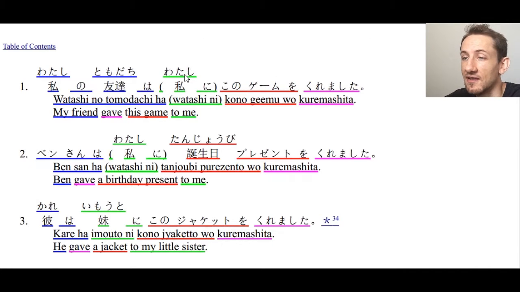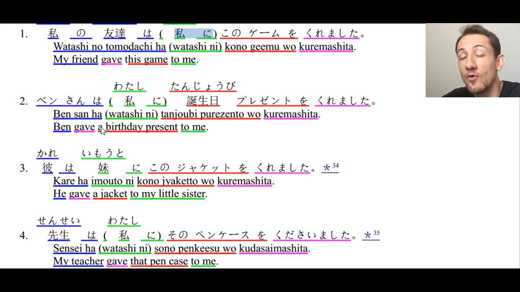So we don't have to say he gave to me the game and gave to me again, because kureru indicates that it's giving it to watashi. If you want to include it, it's fine, but you don't have to. Okay? So I will read the sentences from now on without watashi ni.